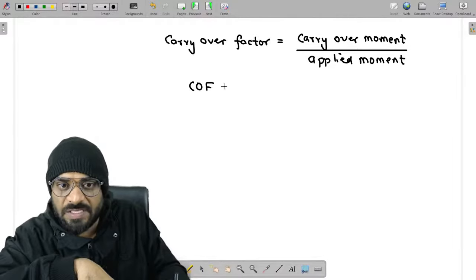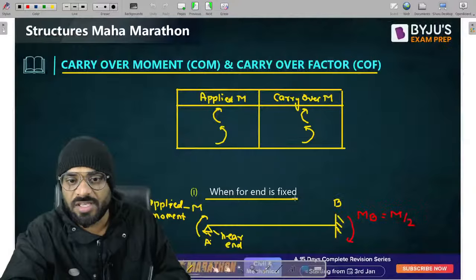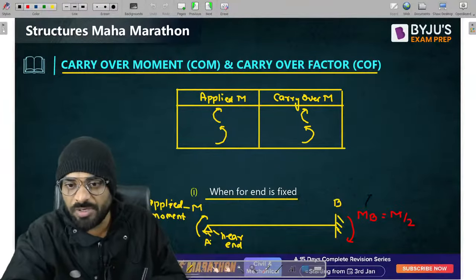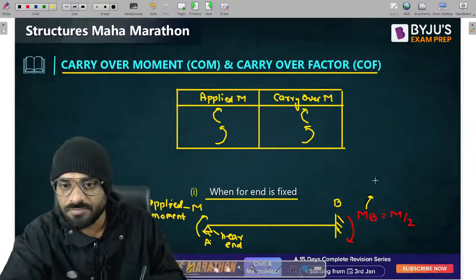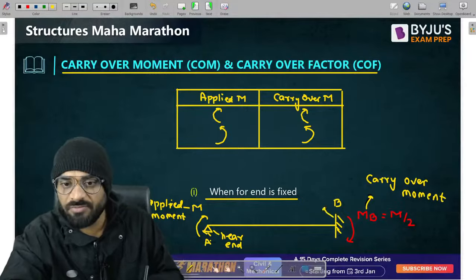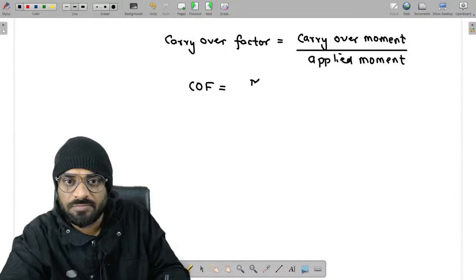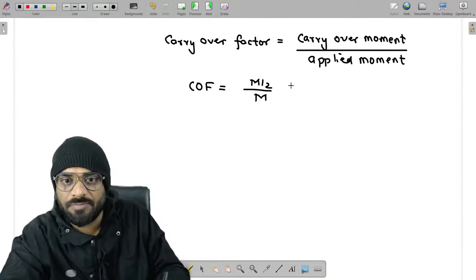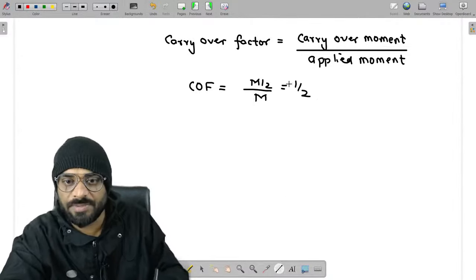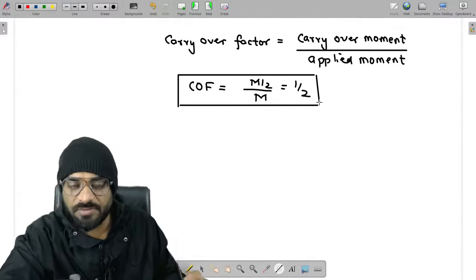So for the previous case, what is the value of the carryover factor? Carryover moment is how much? This is the carryover moment, and it will develop at the far end. So the value is M by 2. Applied moment is M. So this value will become 1 by 2. Very simple. So the carryover factor is 1 by 2. That's it.